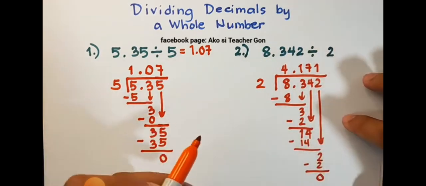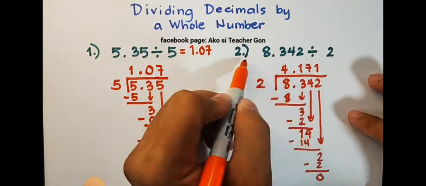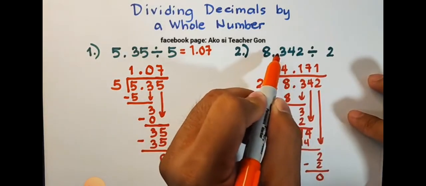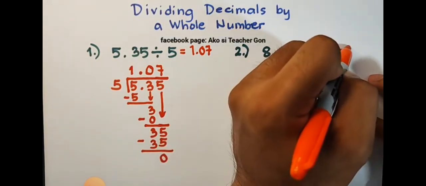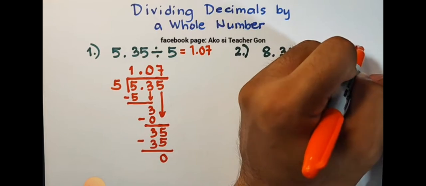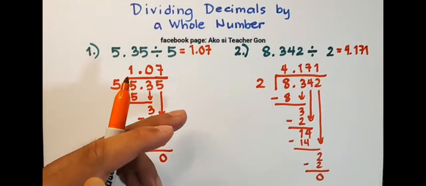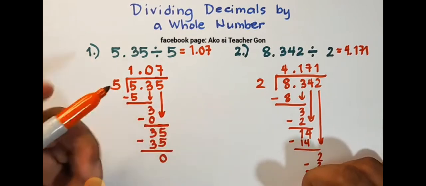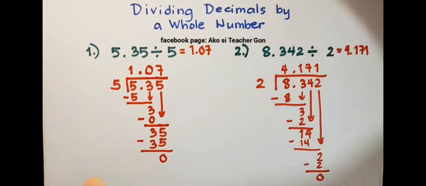So as you can see, the quotient here is 4.171. In other words, when we divide 8.342 by 2, that is equal to 4.171.